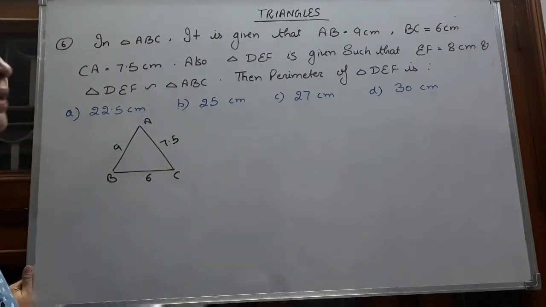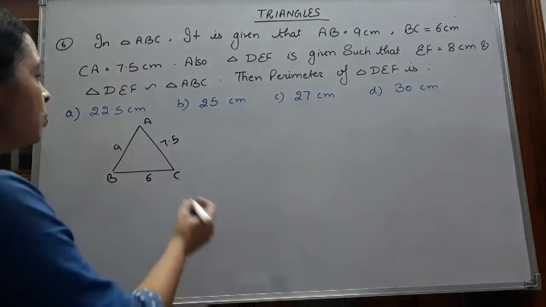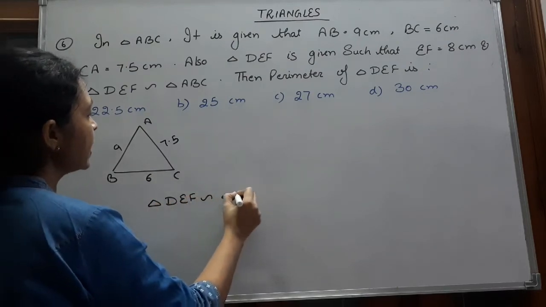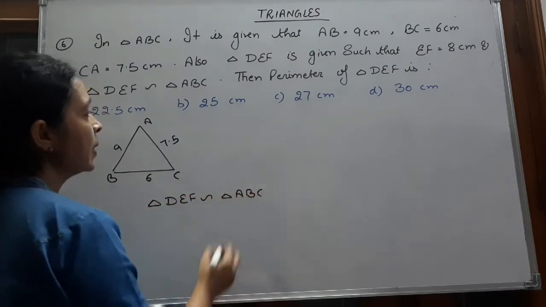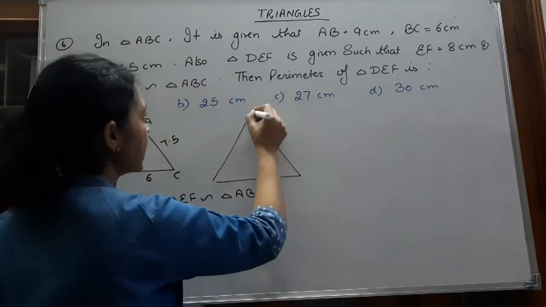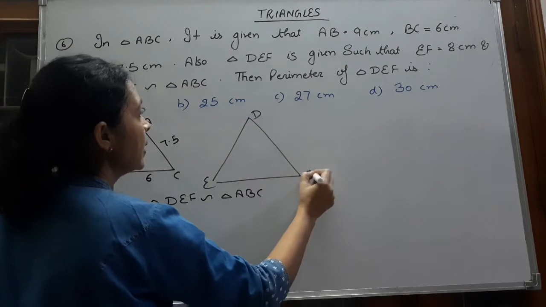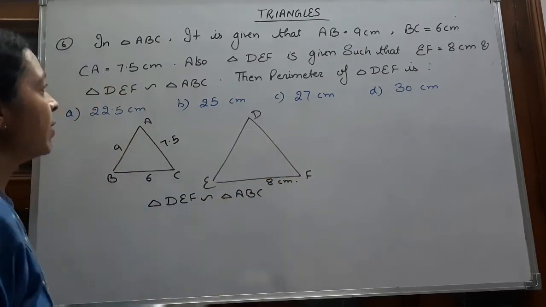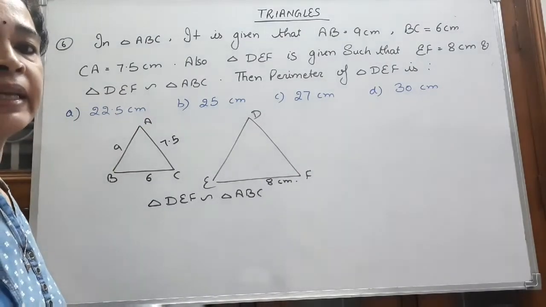Also, triangle DEF is given such that EF is 8 cm. Triangle DEF is similar to triangle ABC. EF is given which is 8 centimeters. We have to find the perimeter of triangle DEF.